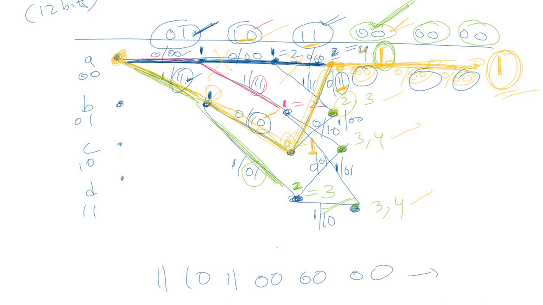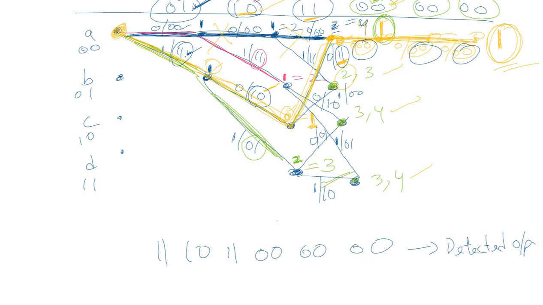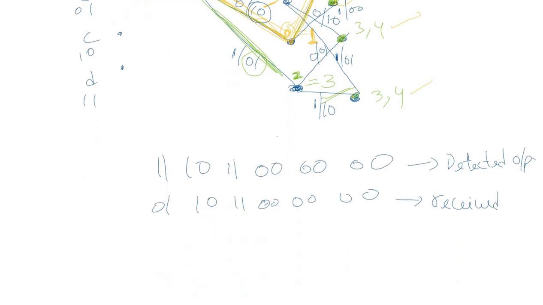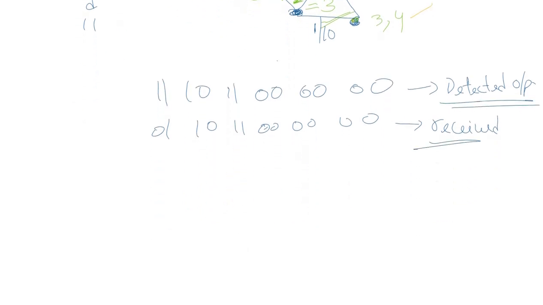Okay, so this is the detected output. And what was the received output? Received was this bit sequence, which is 0 1 1 0 1 1 0 0 0 0 0 0. This was the received, and this is the detected.